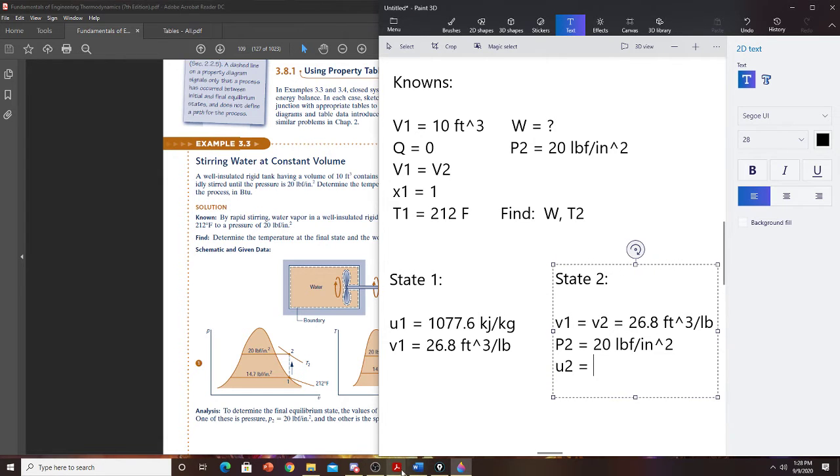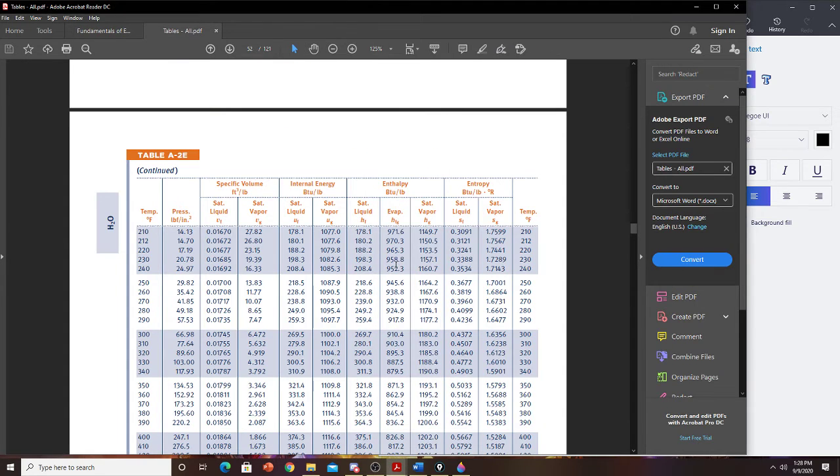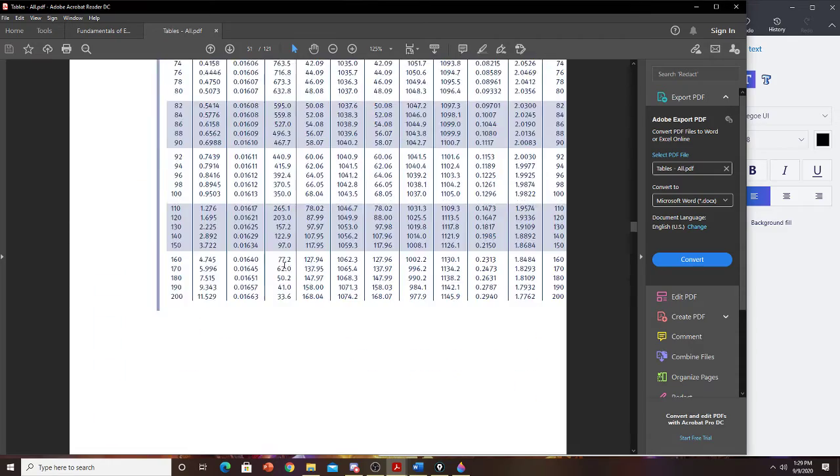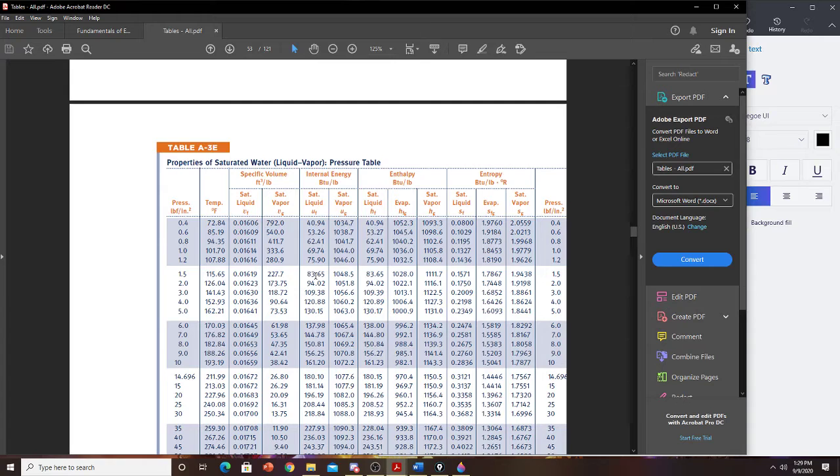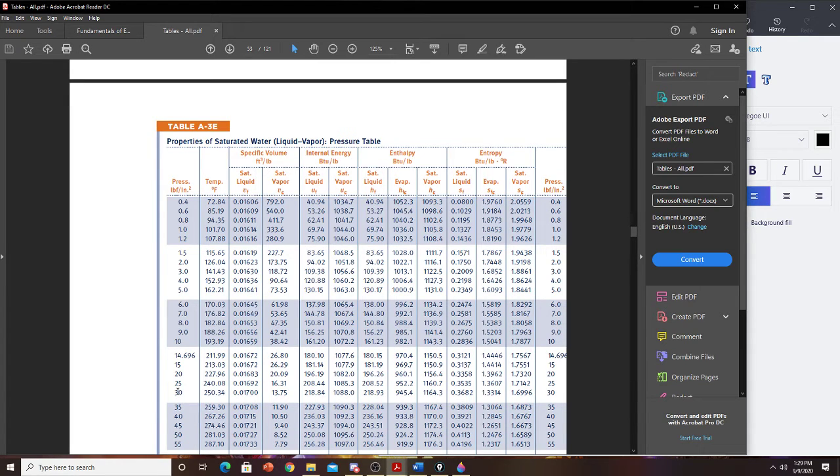So we're going to go really quickly back to the tables. So remember, for state 2, we were given a pressure, not a temperature. So we need to go find the pressure table, which is actually down here. So here's the pressure table, and we need to go to 20 psi, which, as you guys remember, was step 2, where it was 2.